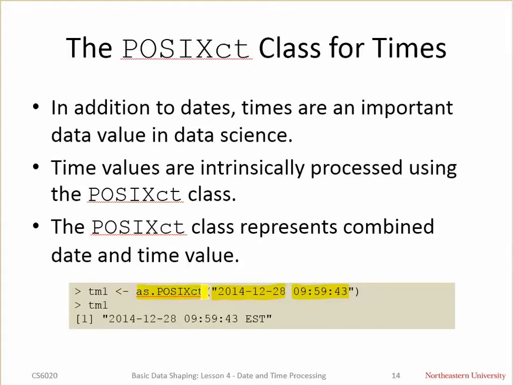So we say as.POSIXct, CT for common time, gives us a variable TM1. So if you were to print that TM1, you would get that representation. By the way, it automatically includes the time zone. We'll talk more about time zones in a few minutes. There's actually some pretty good support in R for different time zones.